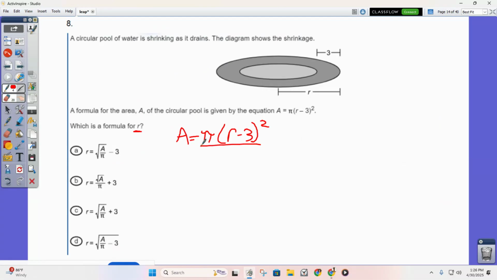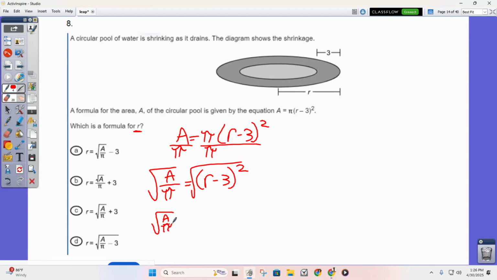So I'm going to divide both sides by pi to get rid of the pi on the right side. Area divided by pi equals (R minus 3) squared. In order to get rid of the exponent of 2 on the R minus 3, I do the opposite of squaring, which is take the square root, and I must do that on both sides. So the square root of A divided by pi equals R minus 3.